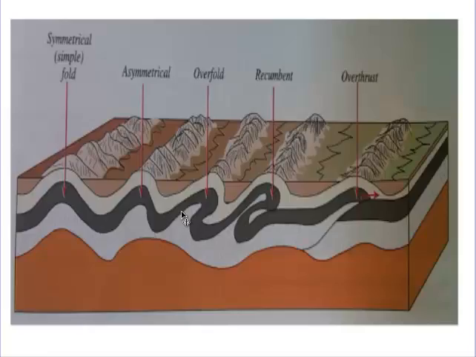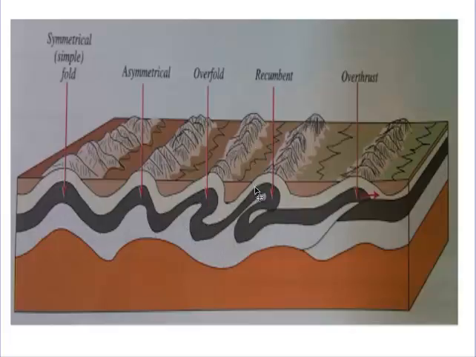So now let's look at the summary of the folds. We have the symmetric fold, which is the simple fold. That is where the two limbs are of the same strength or are equal. Then we have the asymmetric, where one limb is steeper than the other. Then we have the overfold, where the anticline lies on the syncline.